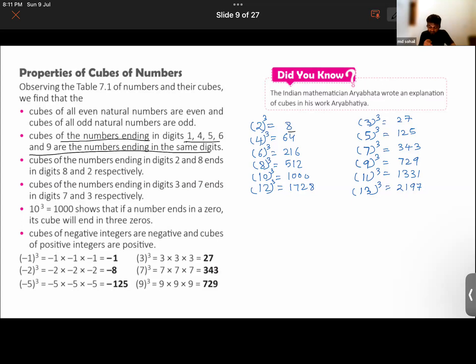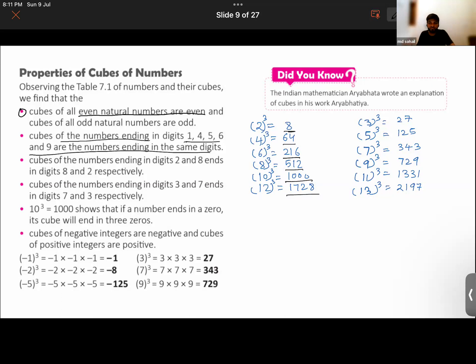Now we are actually discussing the first property, so let's get done with it first. Cubes of all even natural numbers are even, right? Whether you see 8, 64, 216, 512, 1000, or 1728, the cube is going to be an even number.